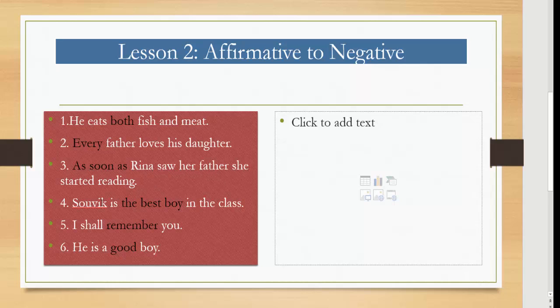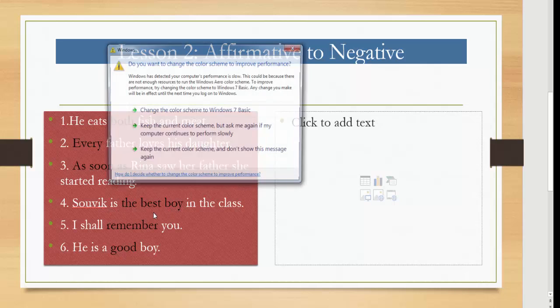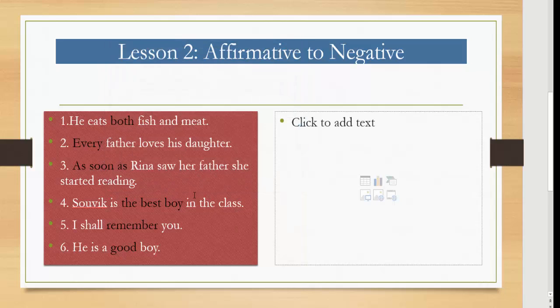As soon as. Shobik is the best boy in the class. The best boy, that means superlative. Remember, affirmative sentence, good, adjective. This is a special term or word or phrase in a sentence. So, how can we change this kind of sentence into negative?